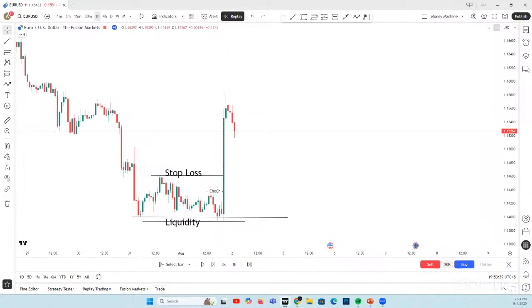Anyone can answer me? If there's going to be a pullback, it's because of the what? You forgot. What is the idea behind this pullback?